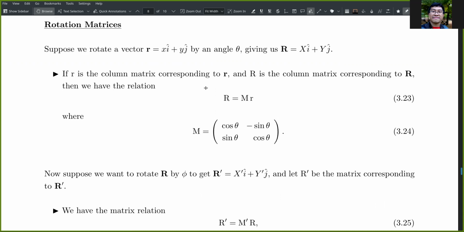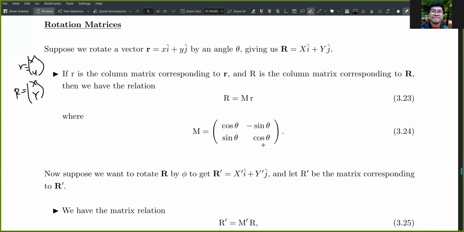If R is the column matrix corresponding to small r, so small r would be x, y, and capital R is capital X, capital Y. There would be a rotation matrix M, equal to this matrix, so that if you operate with it, you get the expressions for the components of capital R in terms of the components of small r, small x and y.